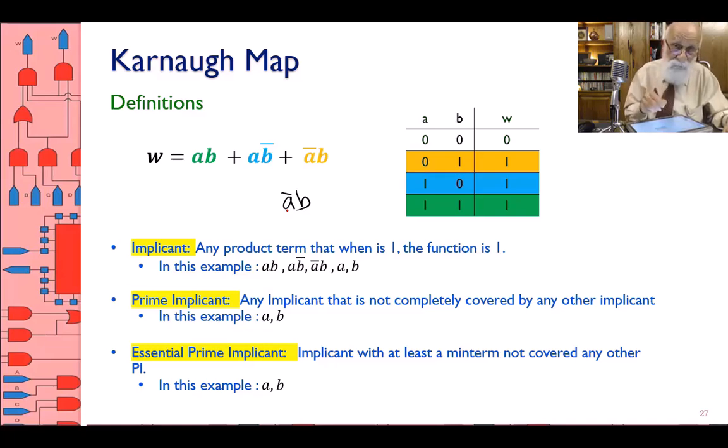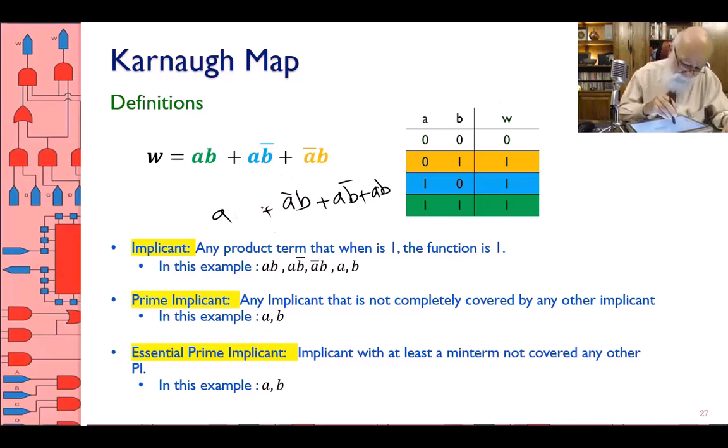So if A bar B is 1, the function is 1. This function has A B bar, that if this is a 1, that's a 1. This function has A B, that if that is a 1, that's also a 1. This function has A, which if it is a 1, that function is a 1.